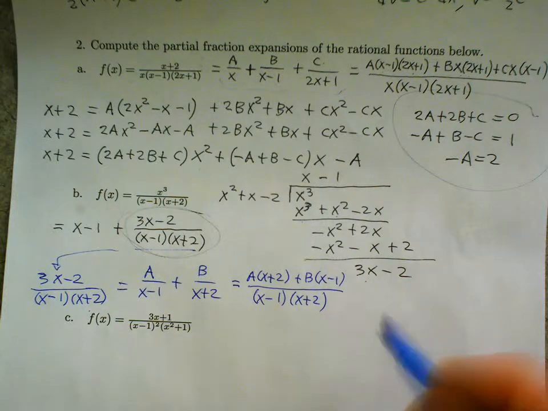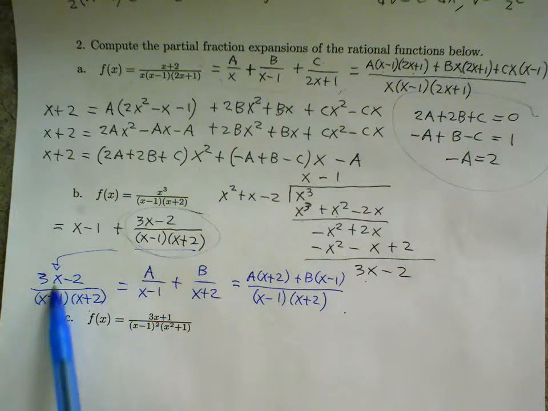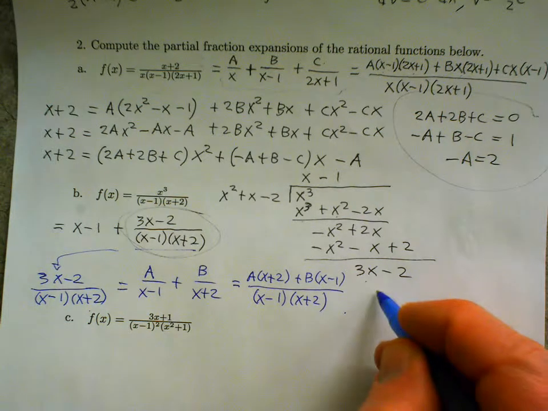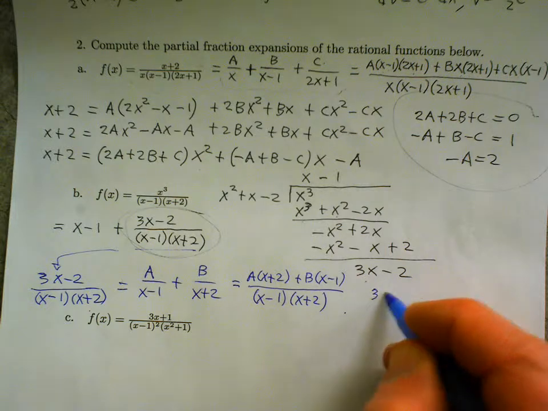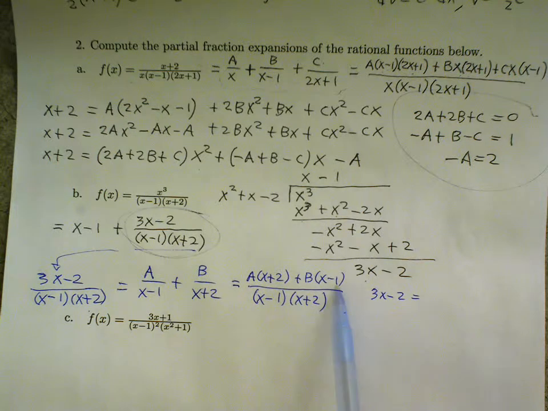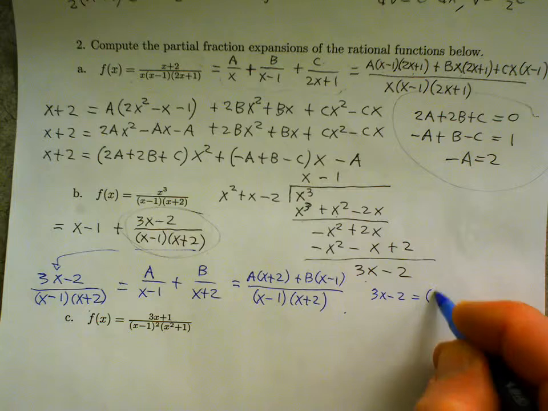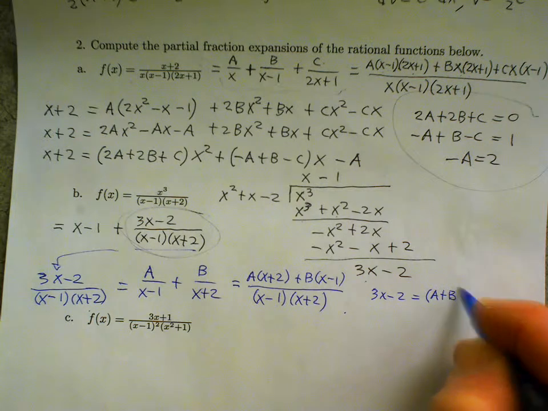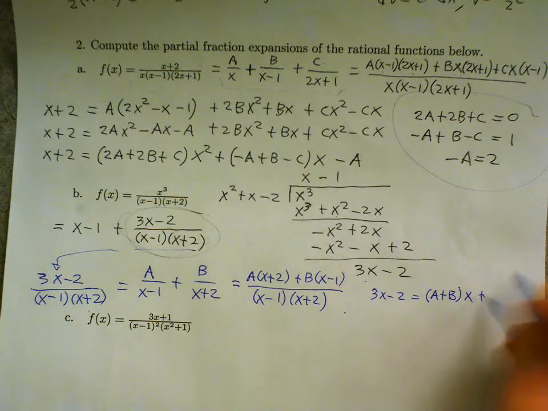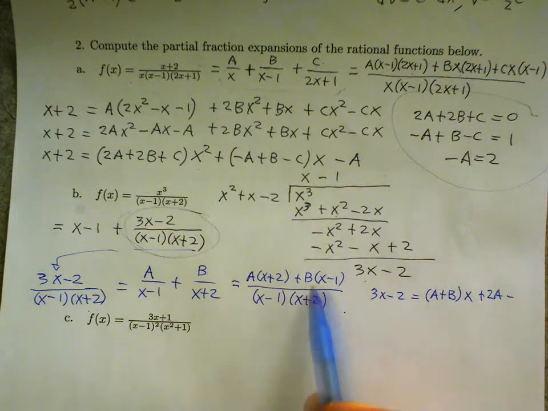Okay, then after clearing denominators, 3x minus 2 is going to be, we can combine a little bit of the work here. We're going to have ax plus bx, so I'll write that as the quantity a plus b times x. And then two constants plus 2a minus b.